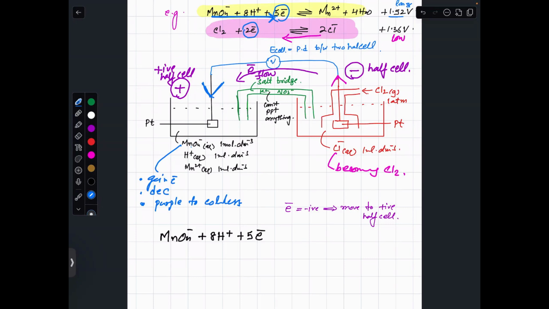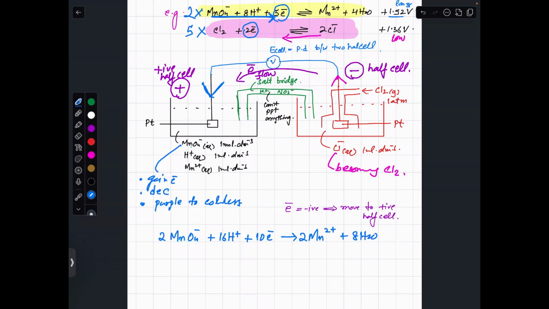So multiply this whole with 2 and this whole with 5. 2MnO4 minus plus 16H plus plus 10 electron gives 2Mn2 plus plus 8H2O.